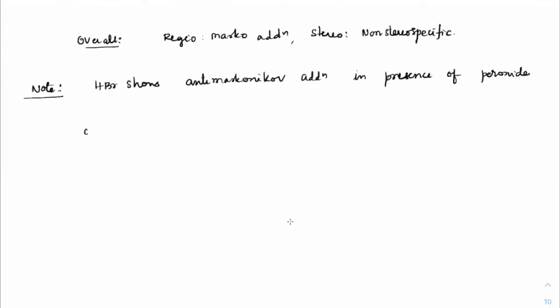If you have CH3, C triple bond CH, and we add HBr in the presence of a peroxide like R2O2, we will get CH3CH double bond CHBr.